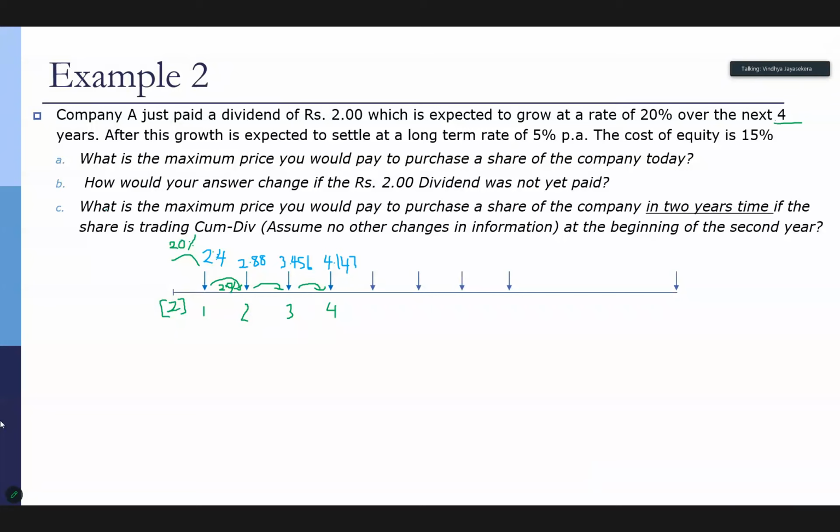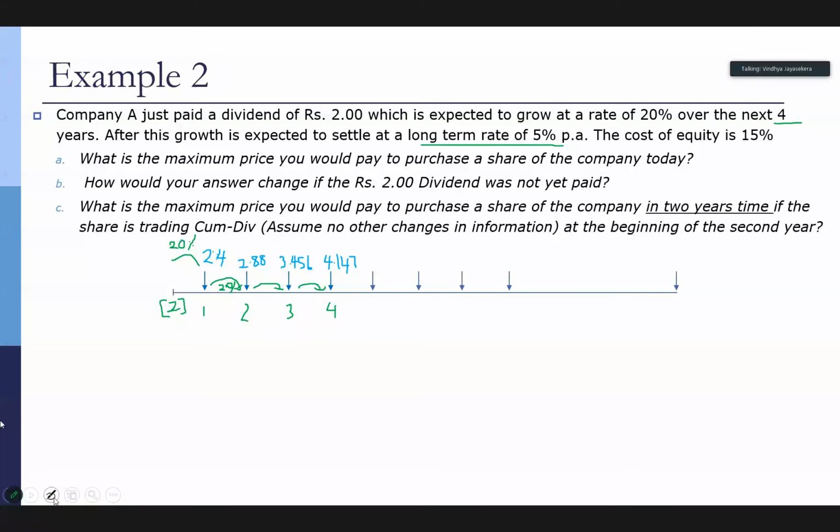After that, growth is expected to be 5%. The long-term growth rate is expected to be 5%. So that kind of gives you a hint. From this point onwards, forever, these dividends are going to grow at 5%.